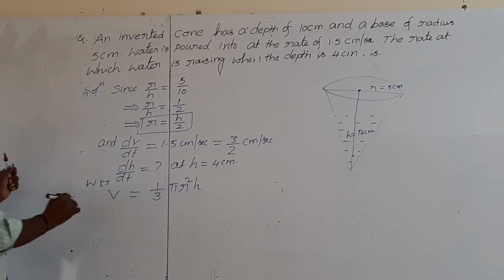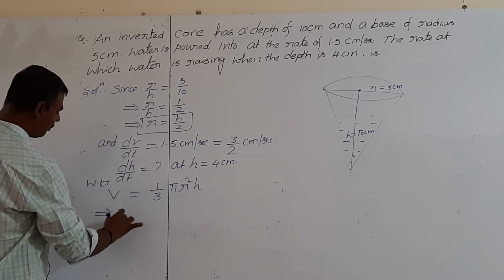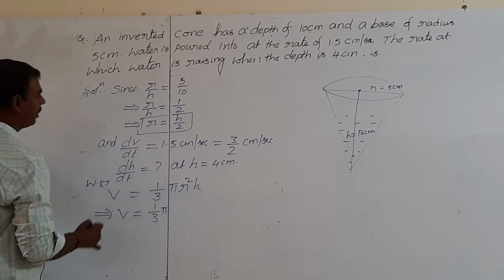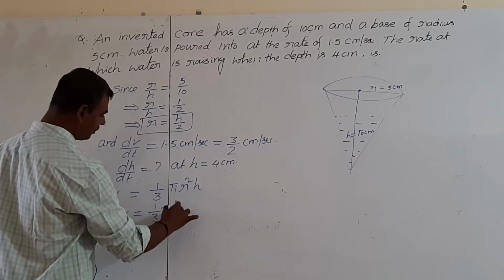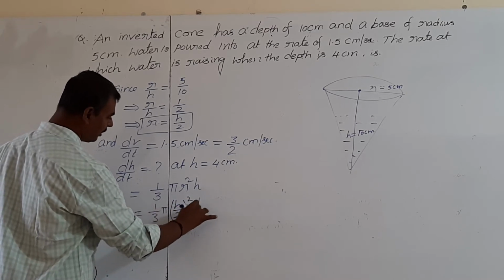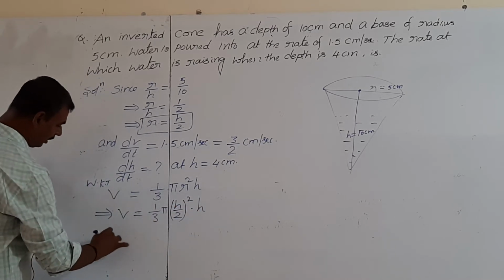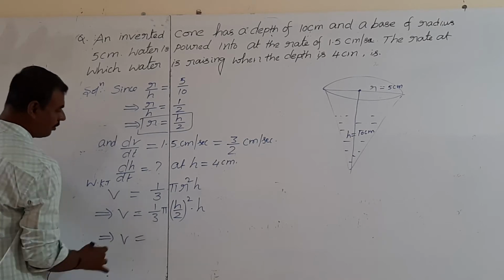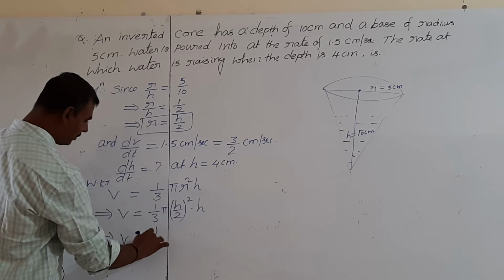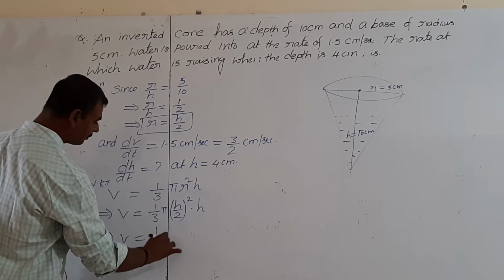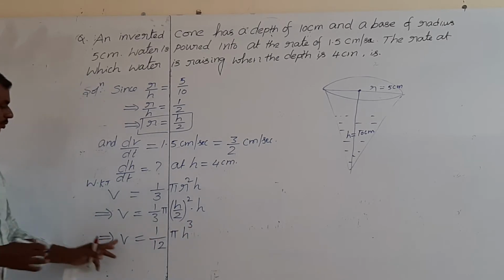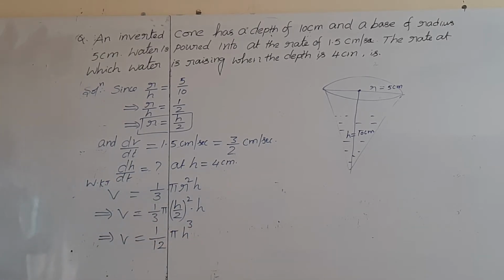So V is equal to 1/3 pi into h by 2 whole square into h. This will be 1 upon, here 2 square is 4, so 1 upon 12 pi h cube. So we got two quantities, volume and height.